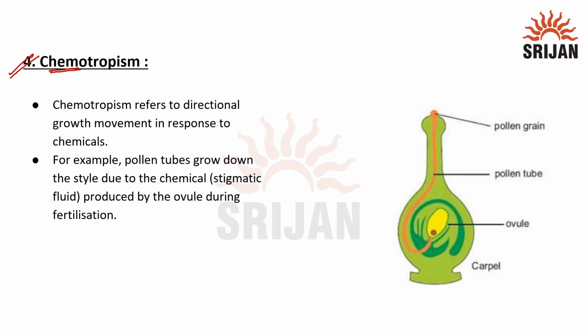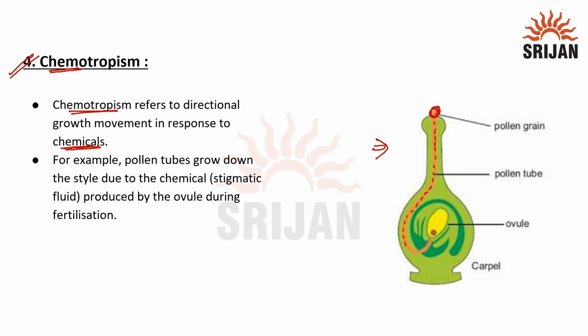Moving on towards the next type of tropic movement, we have chemotropism. The word chemo means chemical, so this type of growth dependent movement is because of a chemical. The stimulus here is a chemical, and chemotropism is the directional growth movement in response to chemicals. Here we have the pollen grain, and this is the pollen tube which is developing.